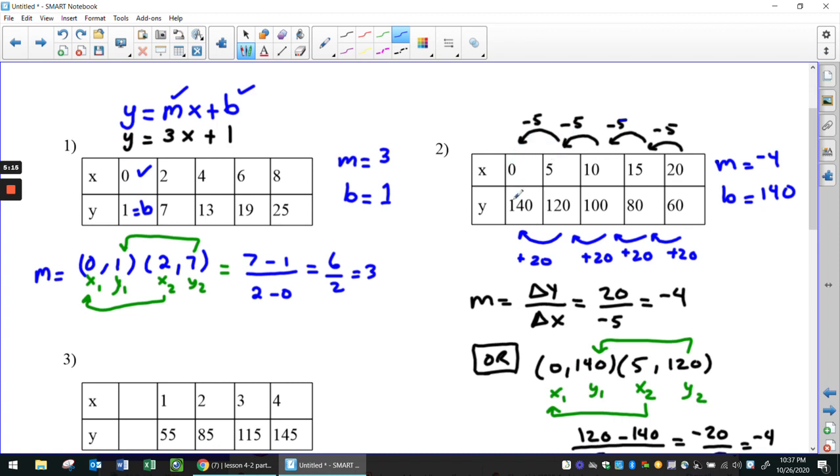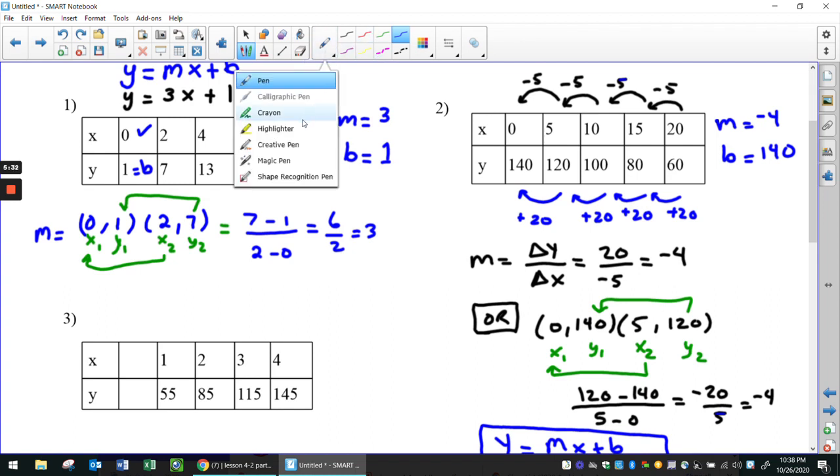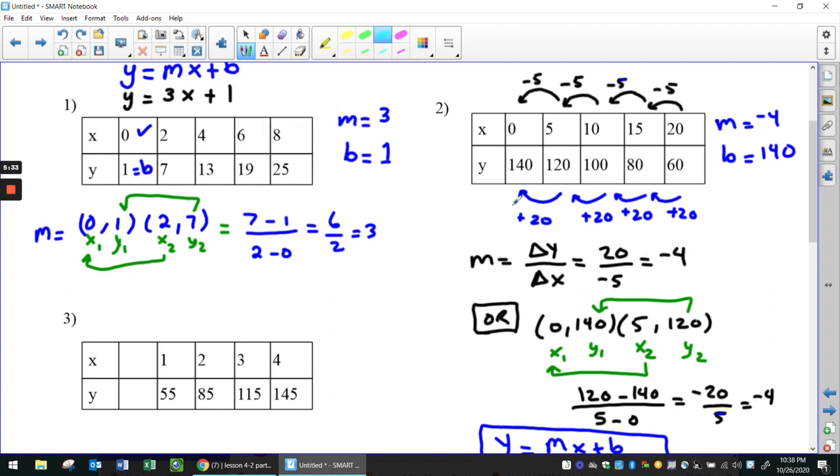And 5, 0, and so on. And so I also wrote this out the same way that we did the first slope with problem number 1 by picking 2 points and solving for slope, and you'll still get negative 4. So either way, if you solve this, you'll get negative 4 for the slope here or here. Great.